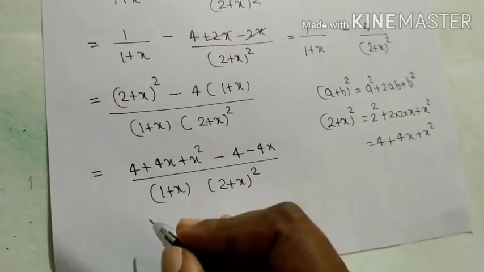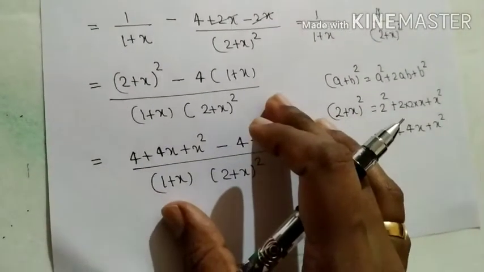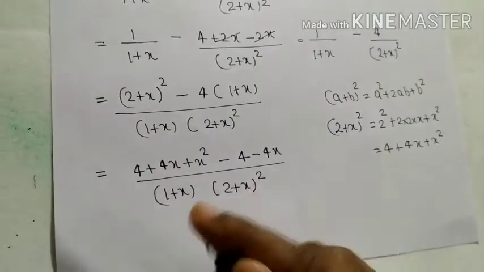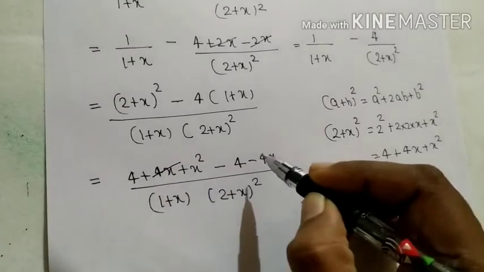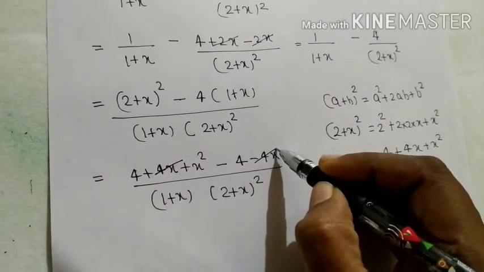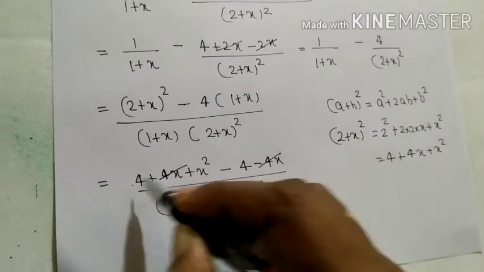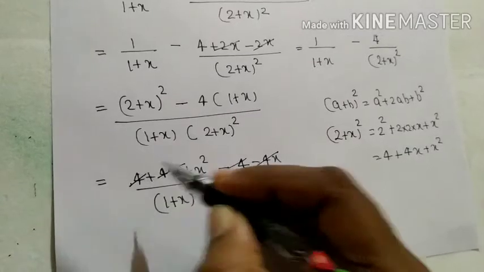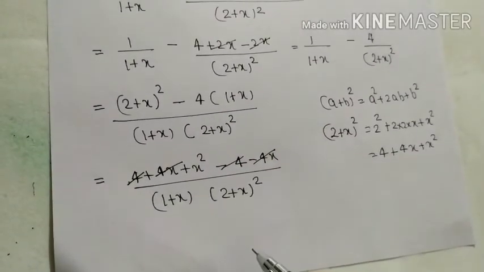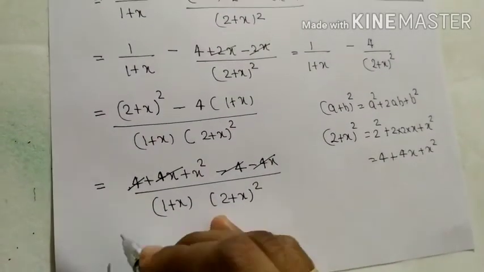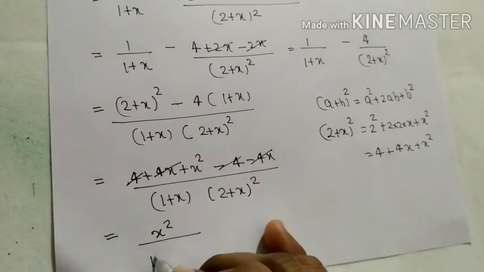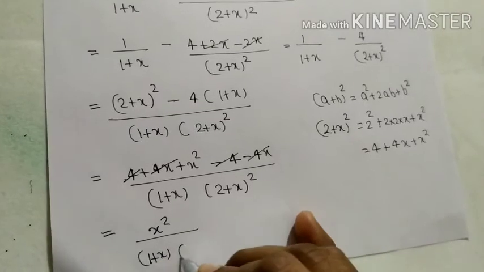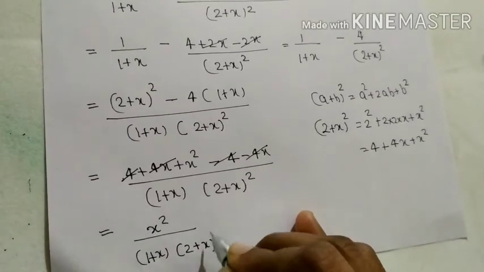And if you observe this, we can see that the positive 4x and negative 4x will cancel each other, and also this minus 4 and plus 4 will cancel. Okay. So the remaining terms are x square divided by 1 plus x into 2 plus x whole square.